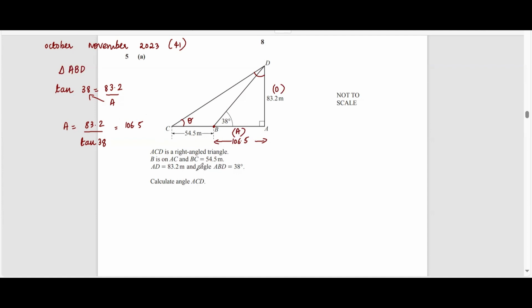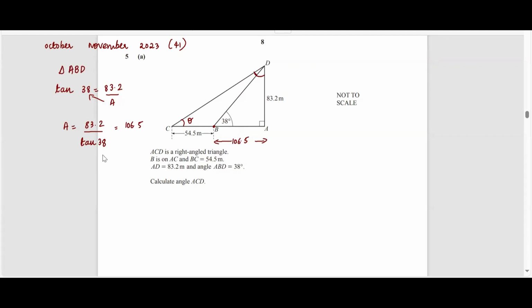Now, to get this angle D, let's find out angle D. Considering this angle D, I have the opposite side, that is the whole thing, 54.5 plus 106.5, and also I have the adjacent side to it, that is 83.2.